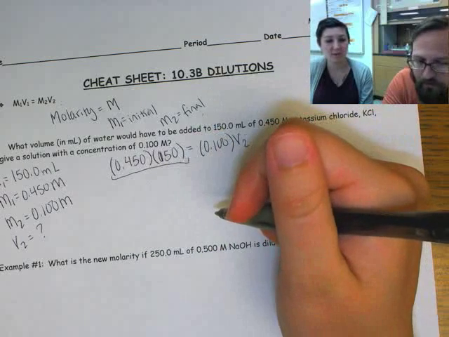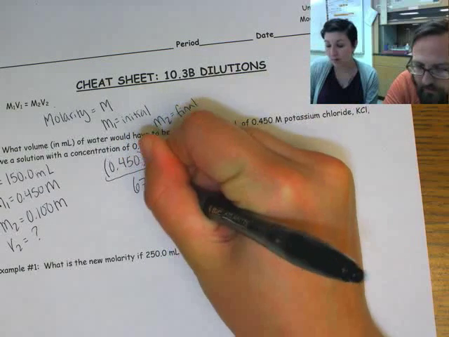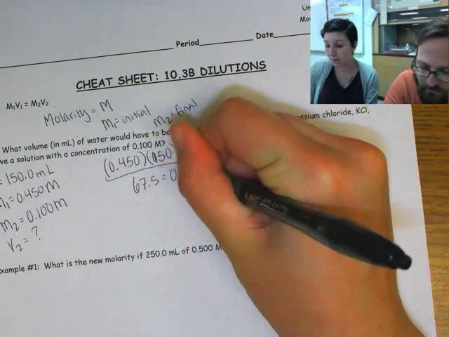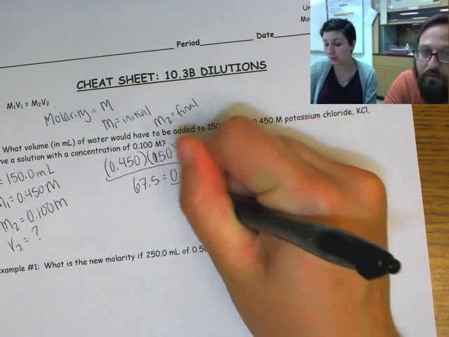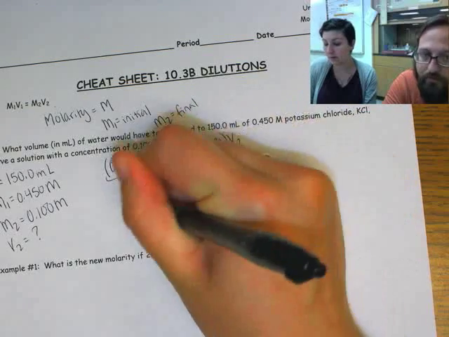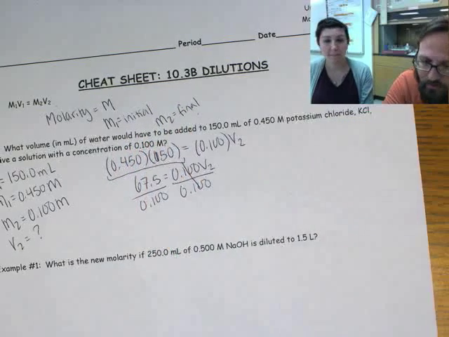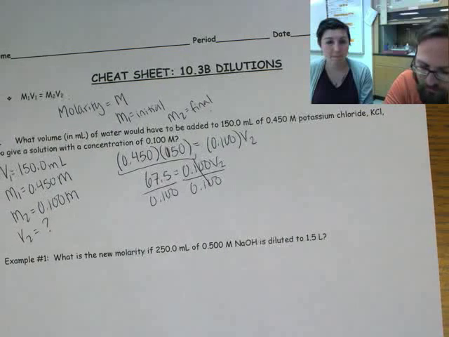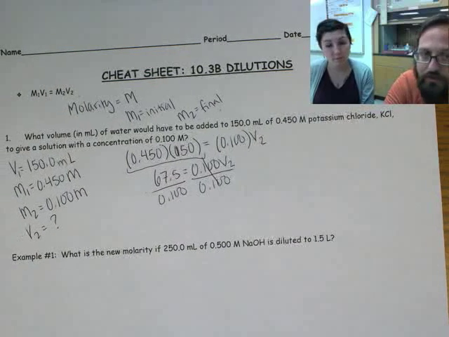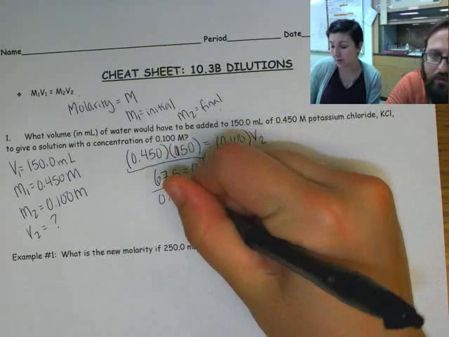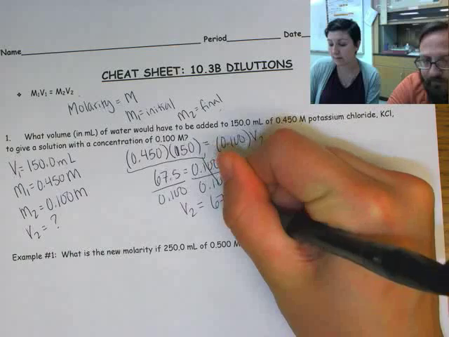Then we're going to divide both sides by 0.100, and we get 675. So V2, our final volume, is 675 milliliters.